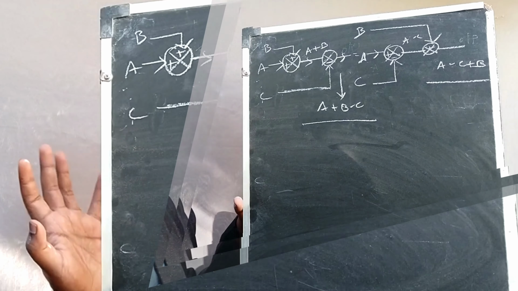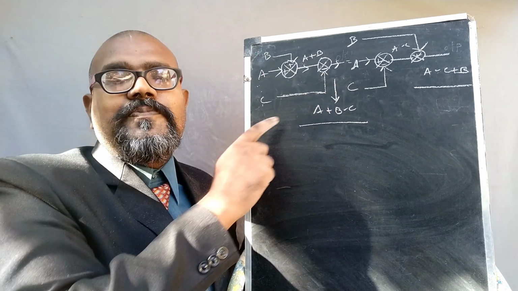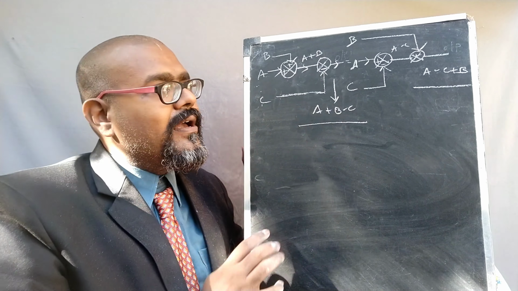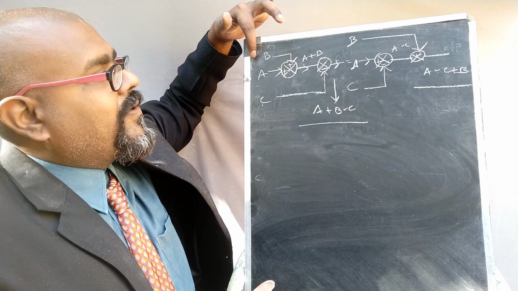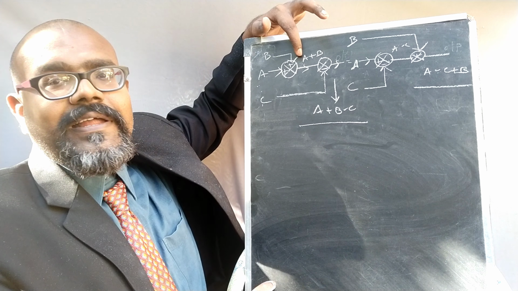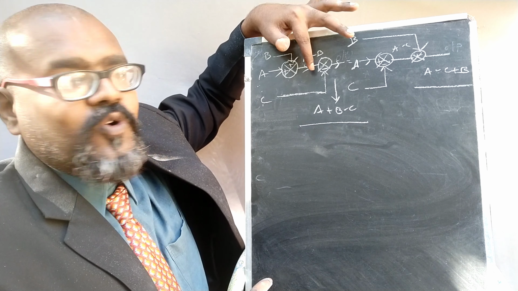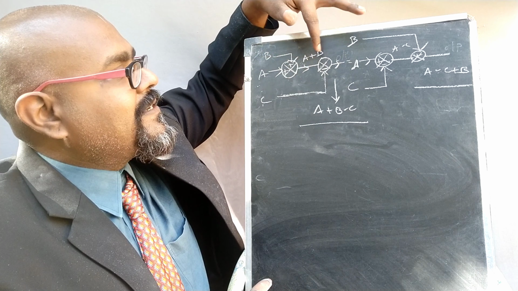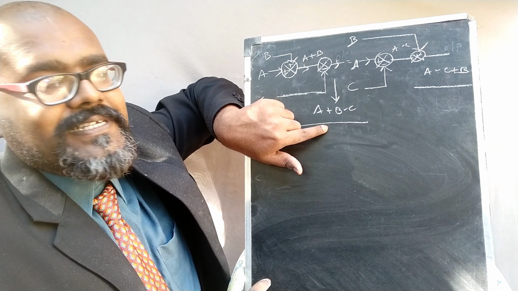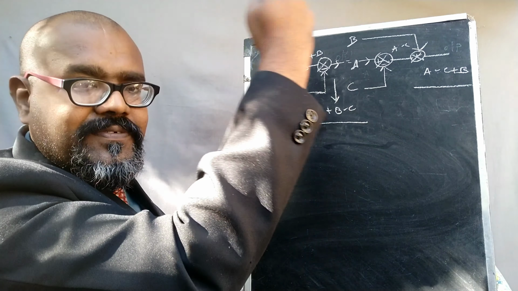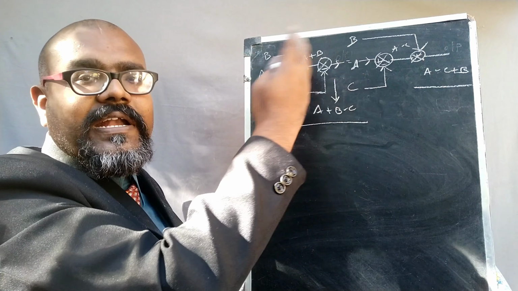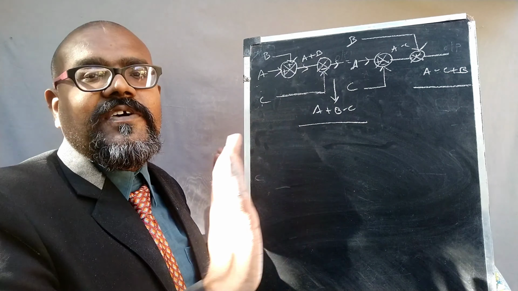Just look at that. If you want to check whether this is right or wrong, if you apply A plus B, you get the output A plus B. Then this C is connected, and this A plus B goes to the input here. Then adding this, we get the output A plus B minus C. Like that, if you shift it, splitting or interchanging, there is no change of output.